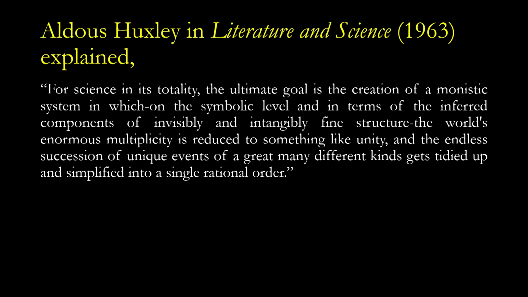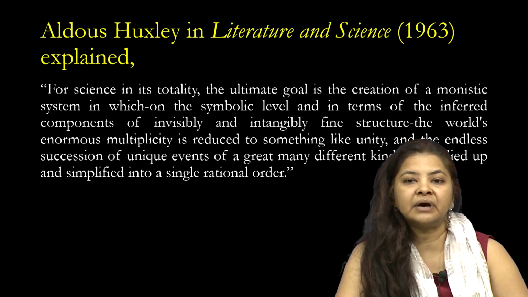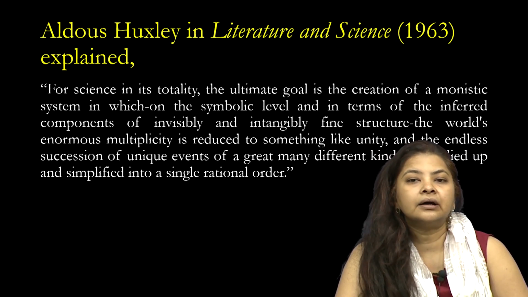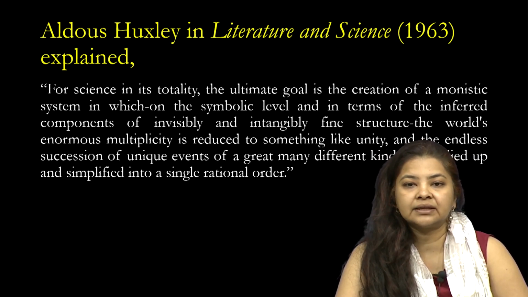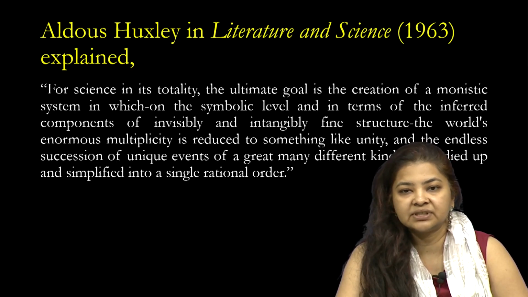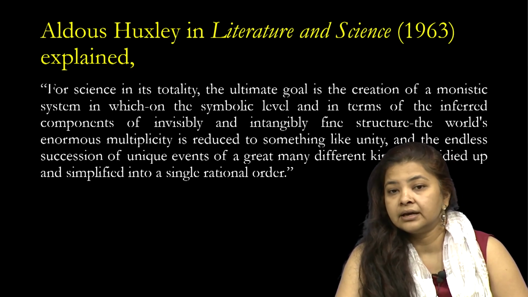So, Huxley tried to explain that the objective of science is to explain the multiplicity of things that we see around us, to give one explanation. Science focuses on giving one correct explanation of the things we see around us.